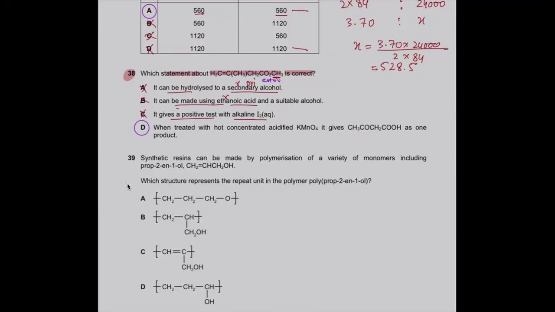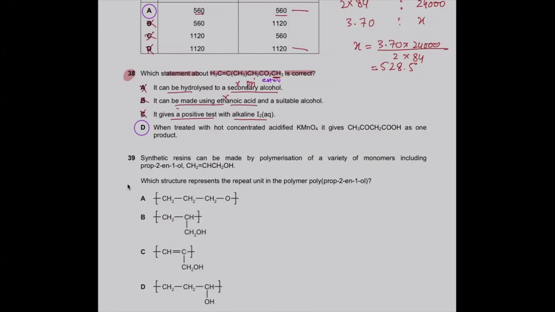This is one optical isomer and this is another optical isomer. Oh, sorry, chiral center. So there are two chiral centers, right?